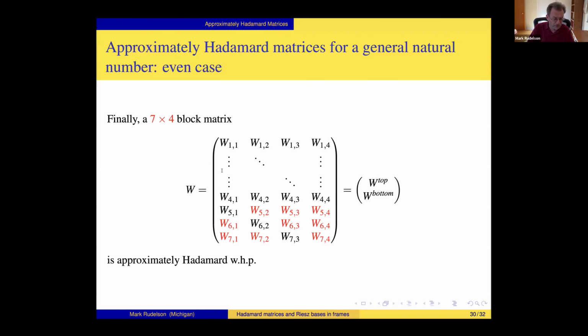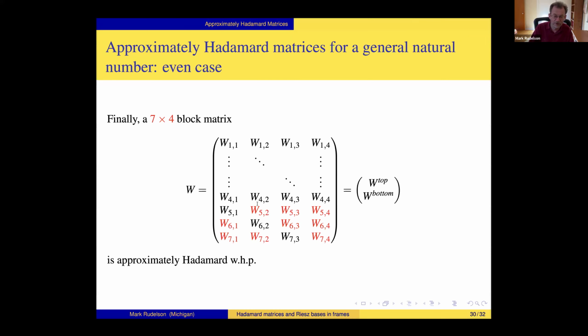This is a 7x4 block matrix, which has 9 completely random blocks and 19 blocks which are black, which are probabilistically perturbed blocks created using number theory.